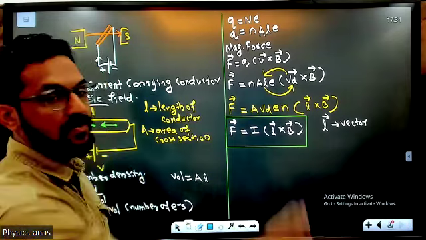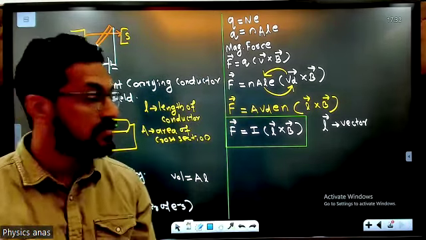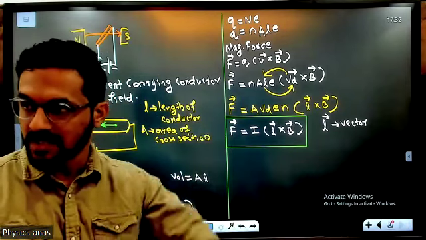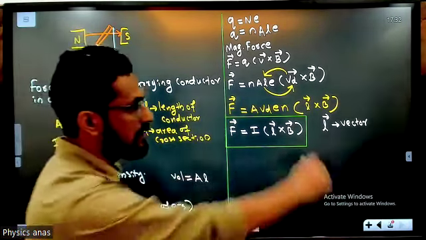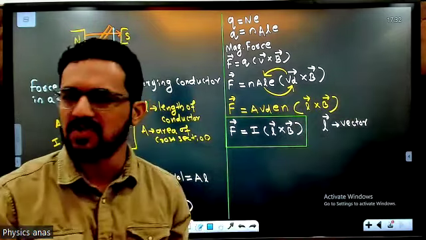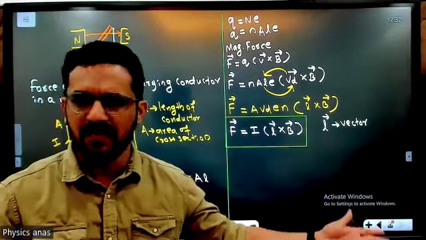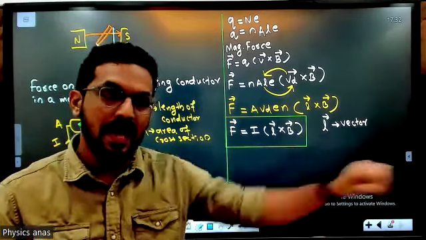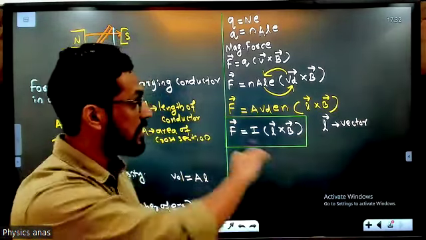Same as that of the current. Not magnitude, just the direction. Magnitude will be the value of length. So the value of length will be the magnitude, and the direction will be the direction of the current.